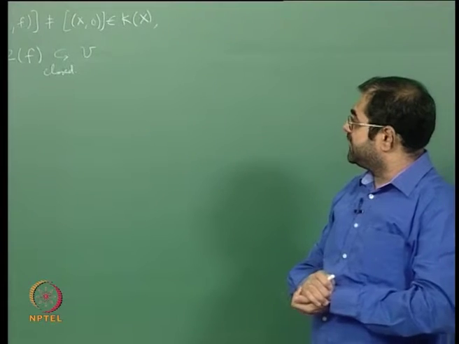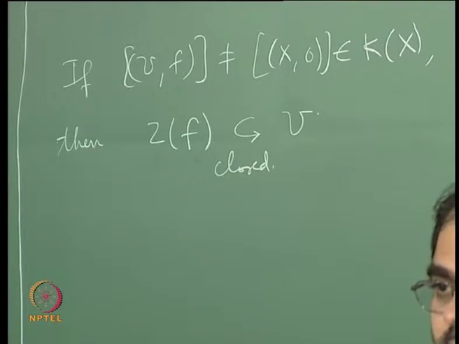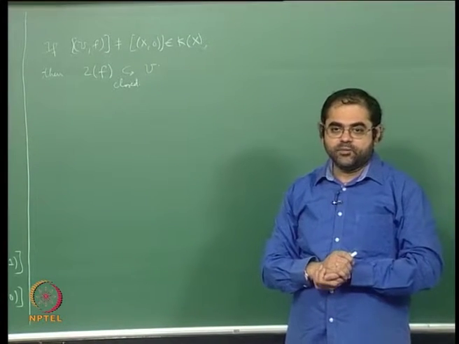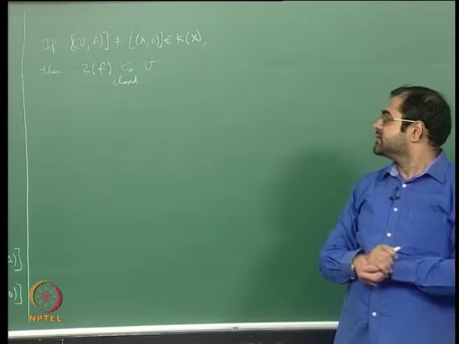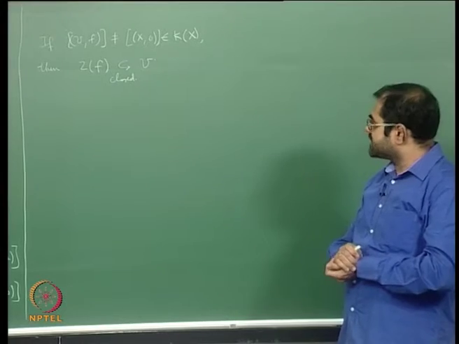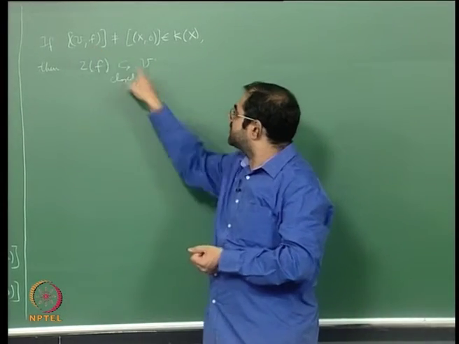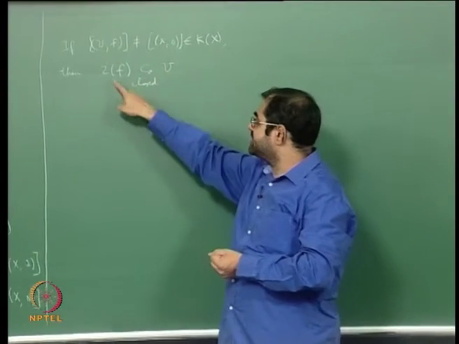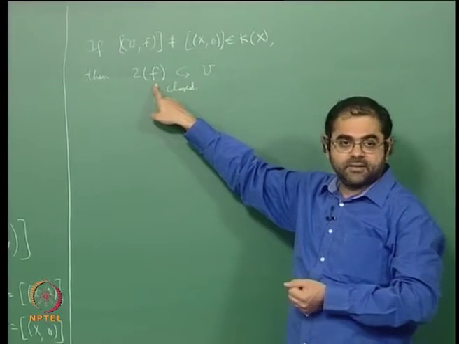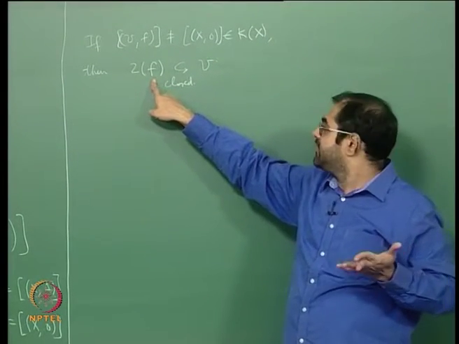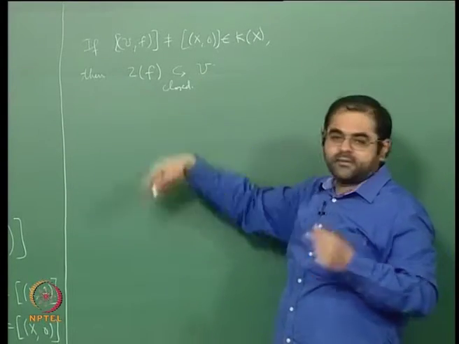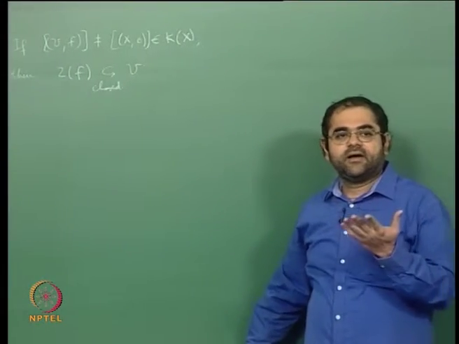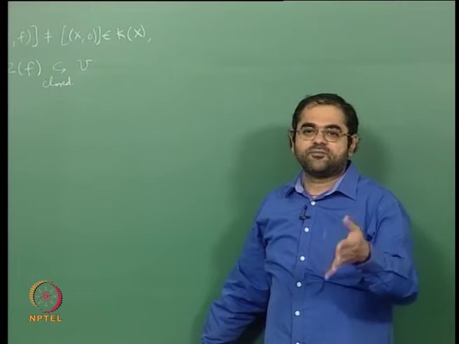So f is a regular function on U, and mind you, U itself is a variety. Any open subset of a variety is again a variety, okay. So U itself is a variety, f is a regular function on U, and if you take the zero set of f, namely the set of points in U where f vanishes, that is going to be a closed subset of U, because roughly the idea is that the closed subsets are defined by vanishing of polynomials.